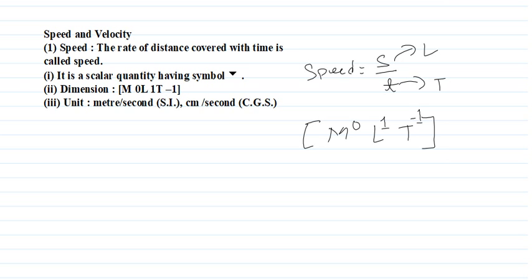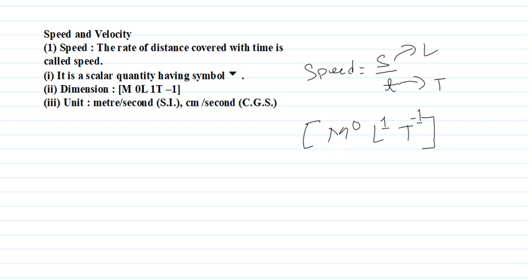So the speed depends upon the time and the length. That's why the dimension of speed will be M0 L1 T to the power minus 1.